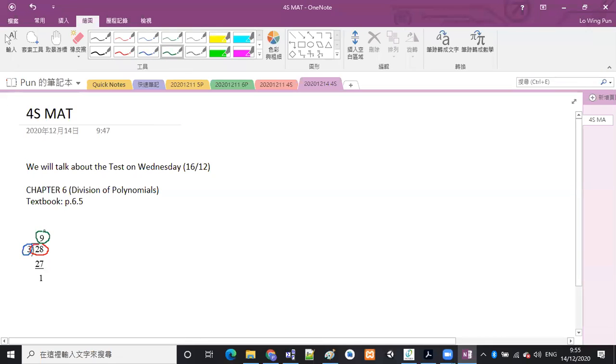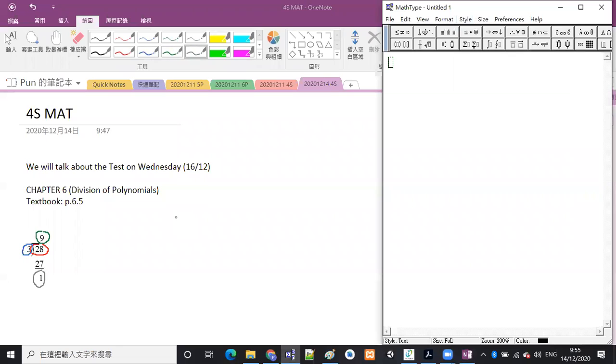The result is equal to 9, but we have a remainder of 1. Then we will call this: dividend is equal to divisor times quotient plus remainder.